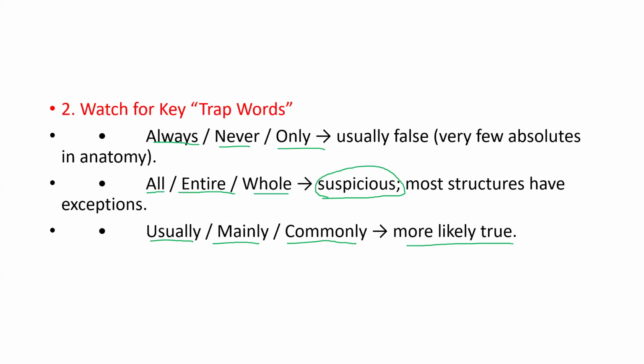So these words are used for true statements. So be careful about always, never, only; mostly these are false statements, but you have to work on whether using your knowledge.